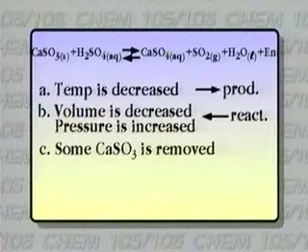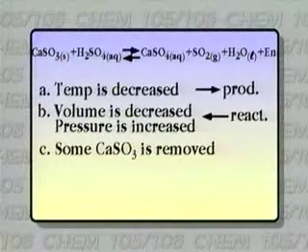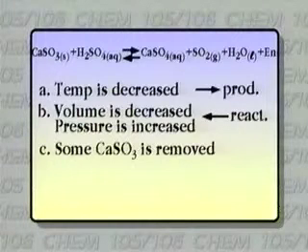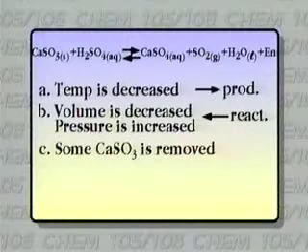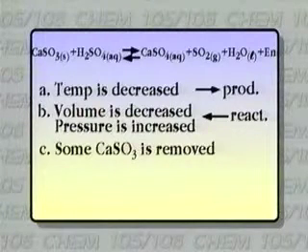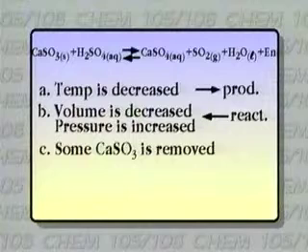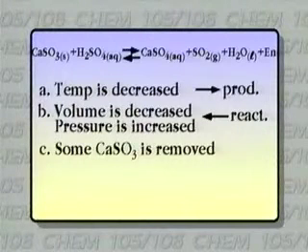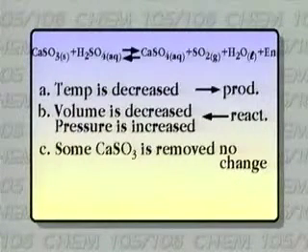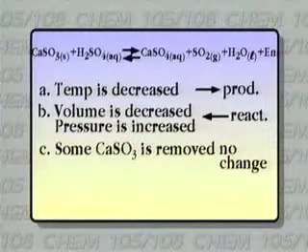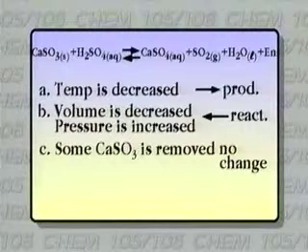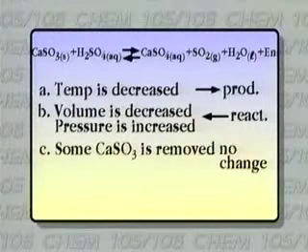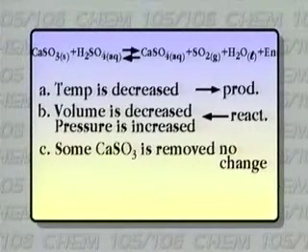No. It's always defined as unity, whether we have a great big pile of this or a little tiny bit of it, it's still going to be called unity. And so removing it doesn't change its concentration. Adding it doesn't change its concentration. Adding or removing a solid is not going to result in any change to equilibrium.